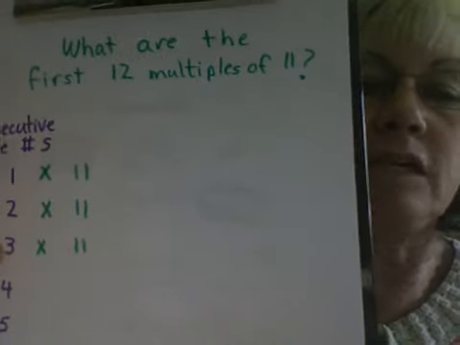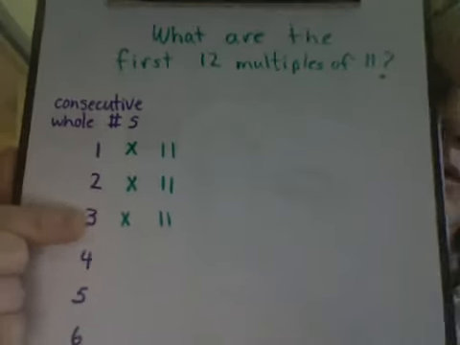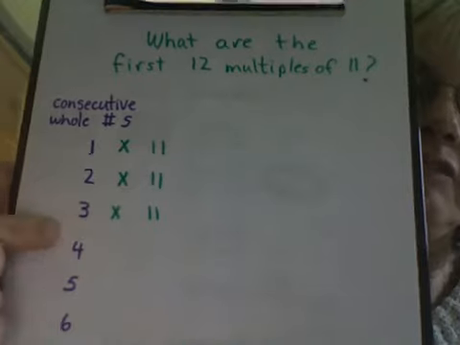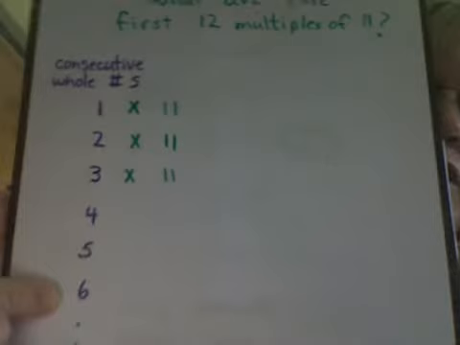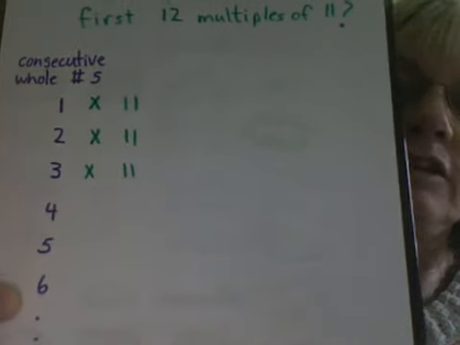Three groups of 11, and then we would go on with 4 groups of 11, 5 groups of 11, 6 groups of 11, until we're done through the number 12. All of these numbers are the first 12 multiples of 11.